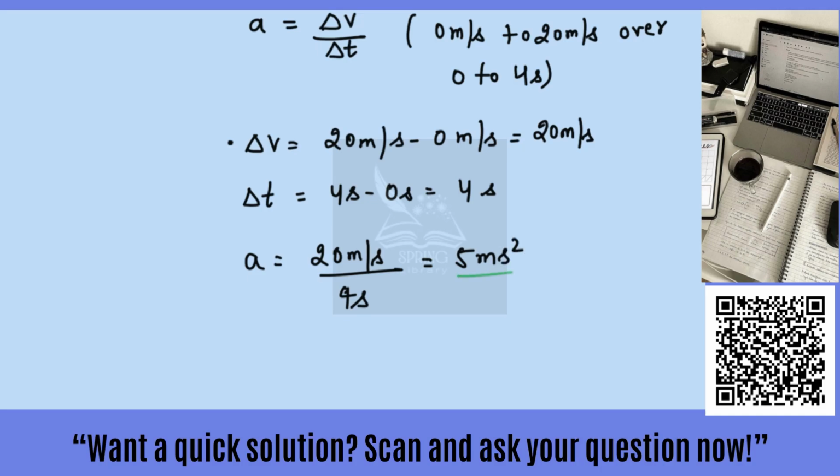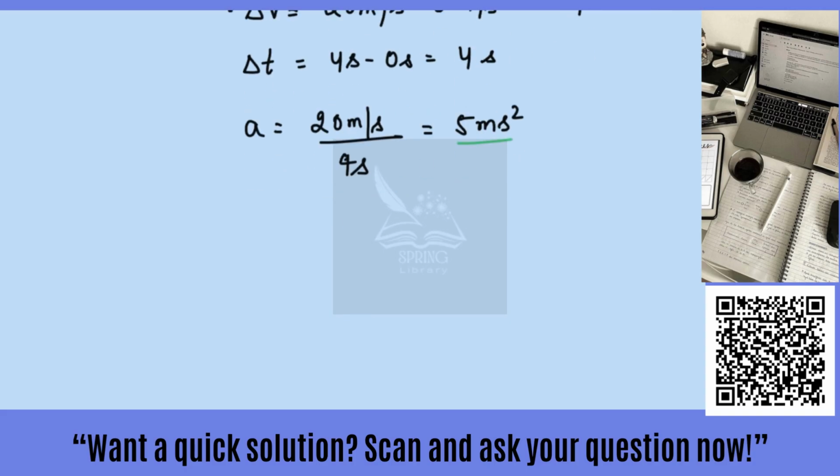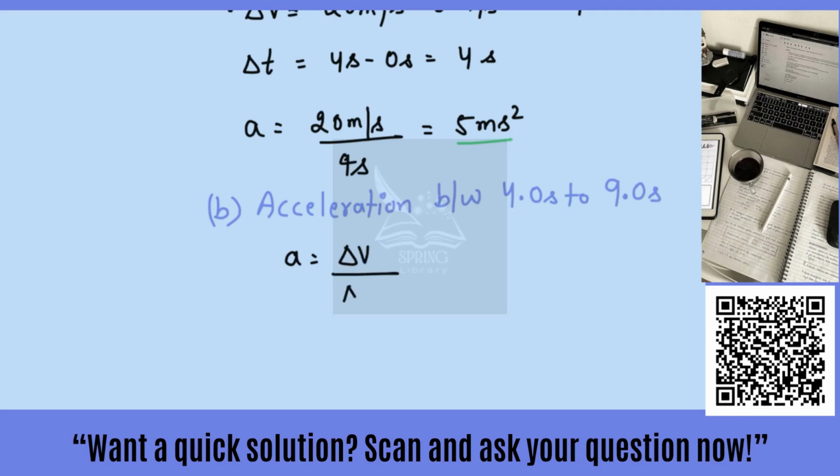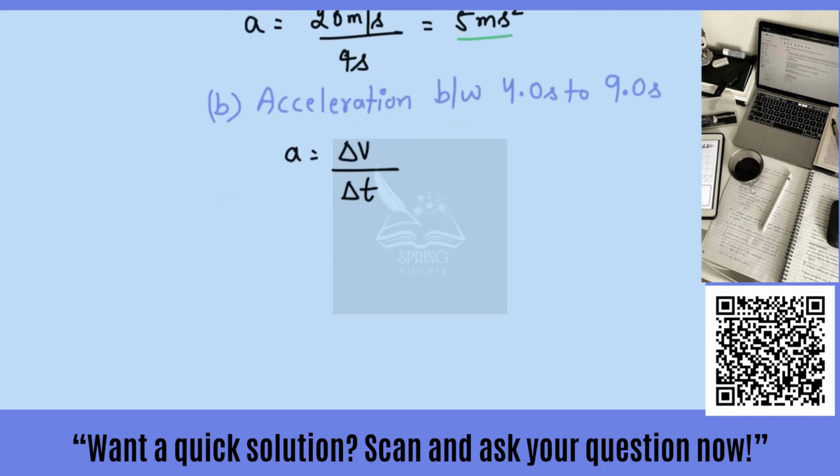Now, to find the object's acceleration between 4 seconds to 9 seconds, we again need to calculate the change in velocity upon the change in time.